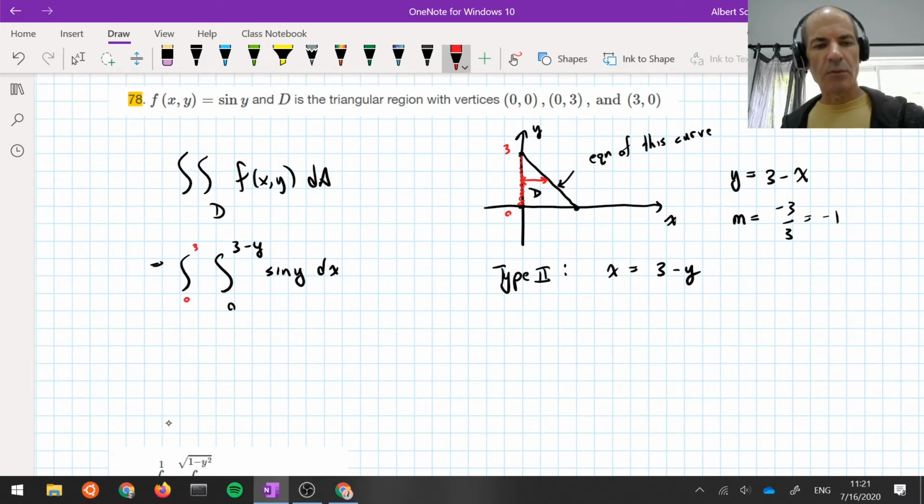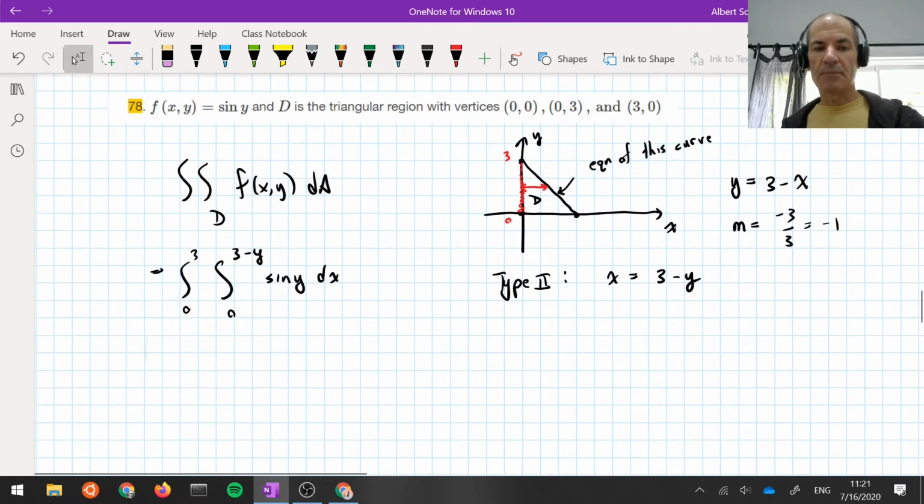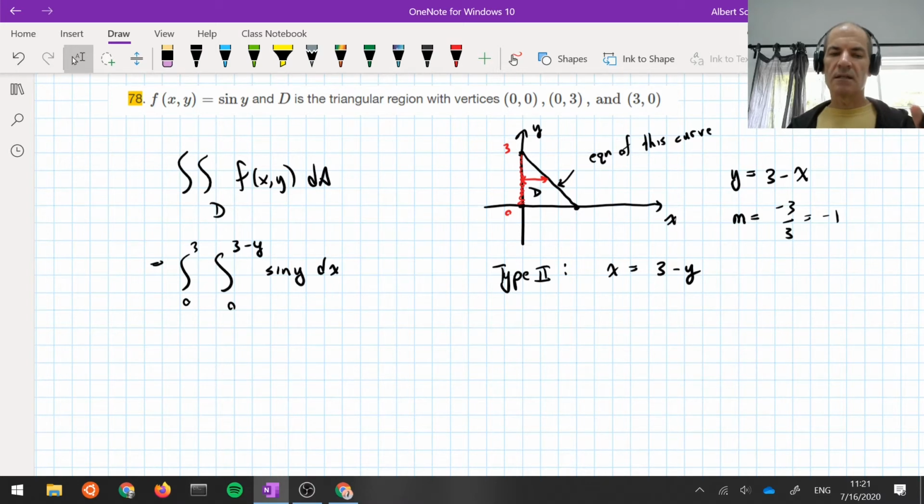Let me write those in black. And we've successfully constructed the integral. Once again, I can't emphasize enough, this is the really important step. If you can construct the double integral, I'm really happy. And if you make a few mistakes computing the integral, I'm less concerned about that. Again, you want to get good at that.